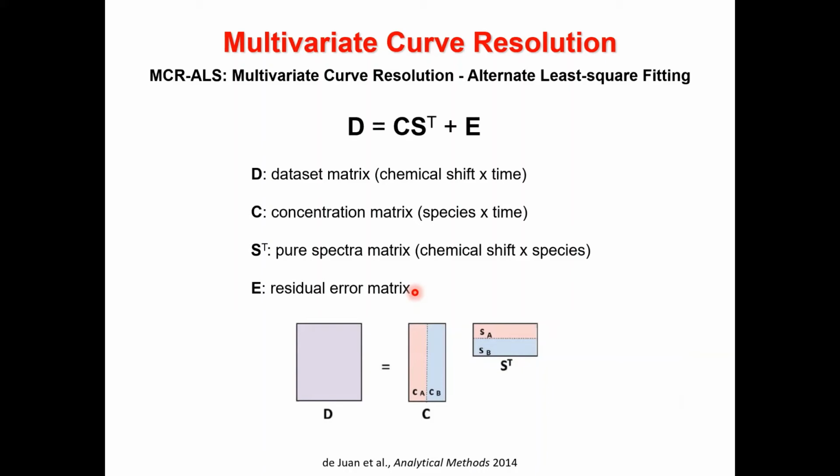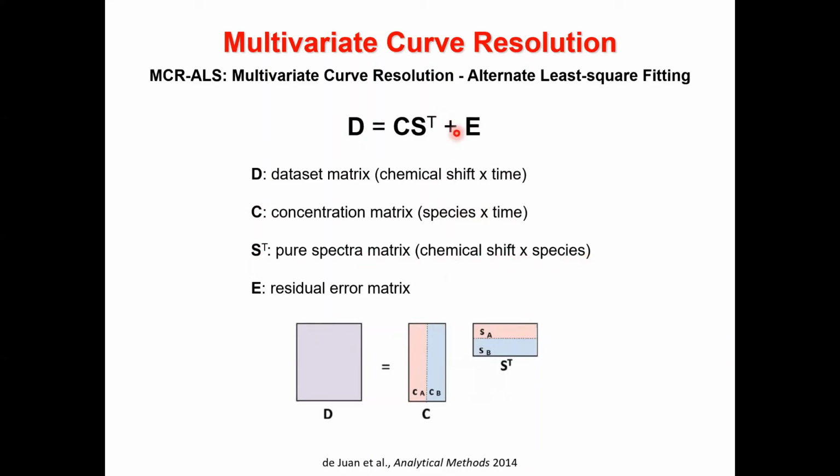which is quite straightforward. It's a very simple algorithm that exploits the fact that the dataset matrix, which is D, can be expressed as the matrix product of the concentration matrix C and the transpose of the pure spectra matrix S. The raw data, in this case, is a two-dimensional array of chemical shift per time. It can be expressed as the concentration matrix, which is the number of species, in this case 2, free and bound protein, per time, and the transpose matrix of the pure spectra, which is chemical shift per species.